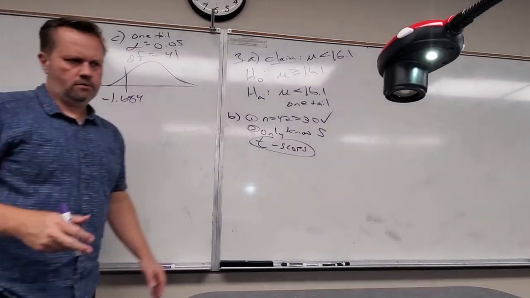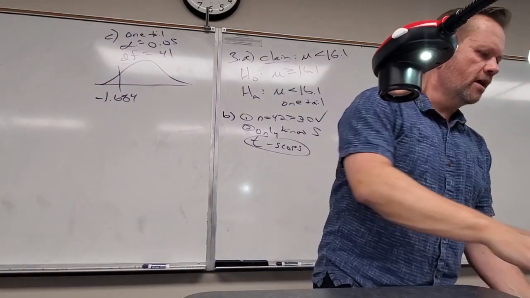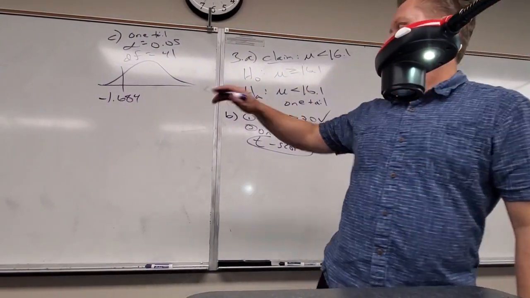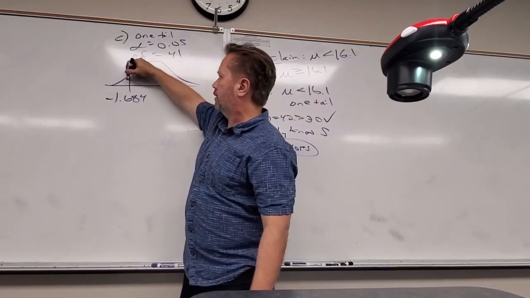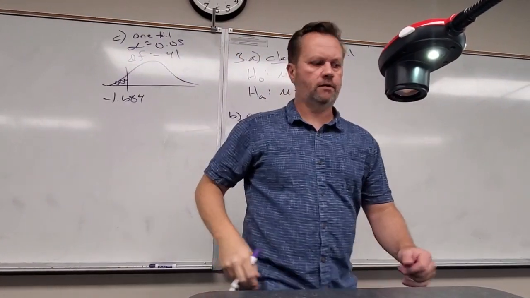Interesting. Alright. Now we've set up visually where the rejection region is. Can you write the statement?